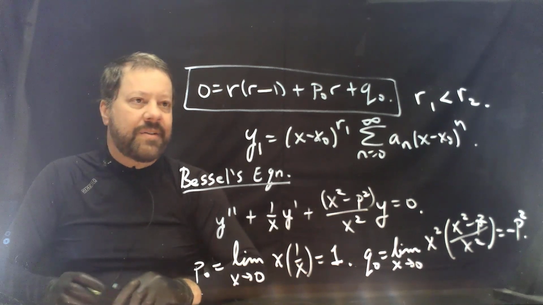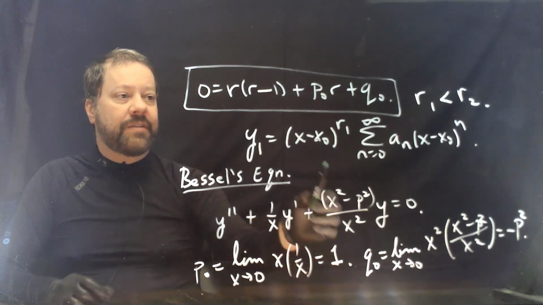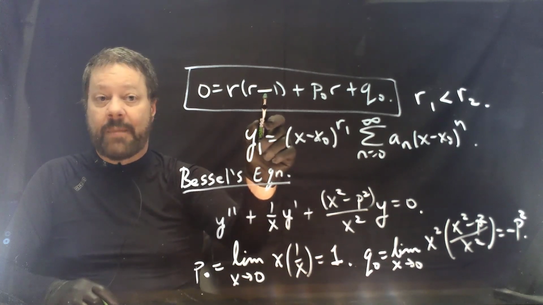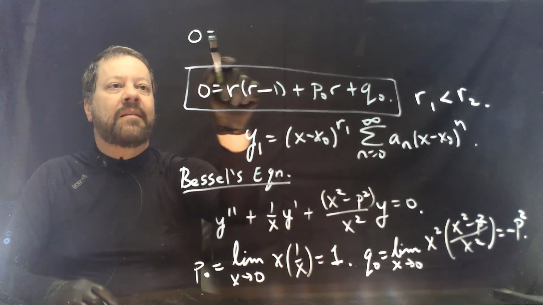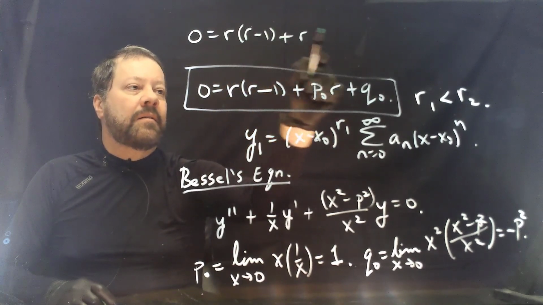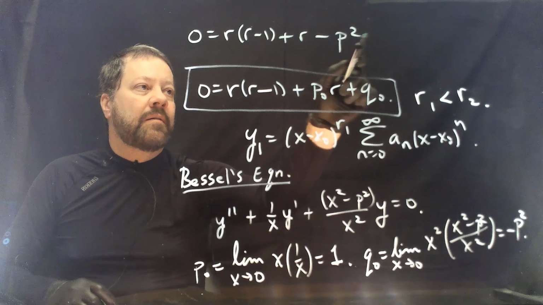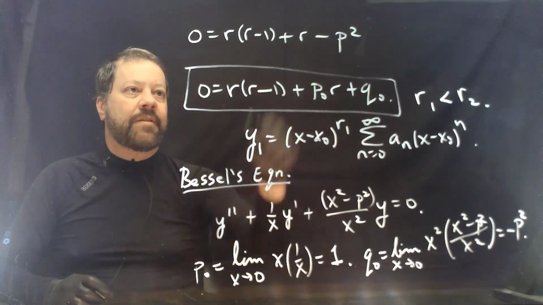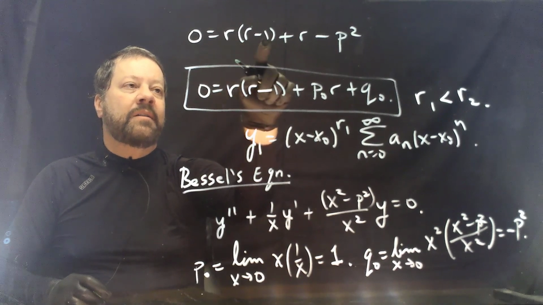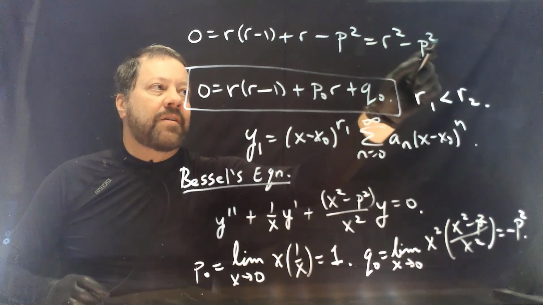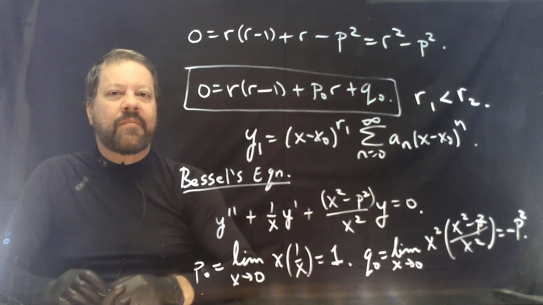It follows then that the Indicial Equation for Bessel's equation, and I accidentally had a plus here instead of a minus, is the following, which simplifies a little further because we'll have an r squared minus r plus r. We'll just have r squared minus p squared.